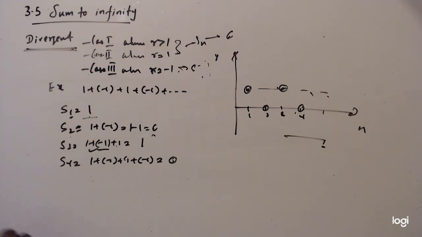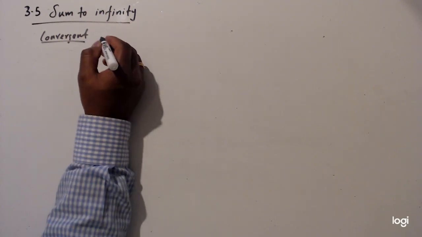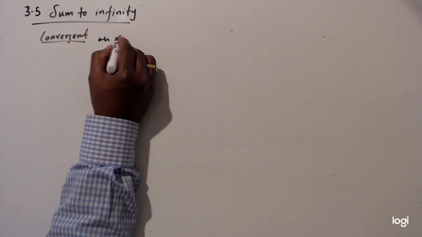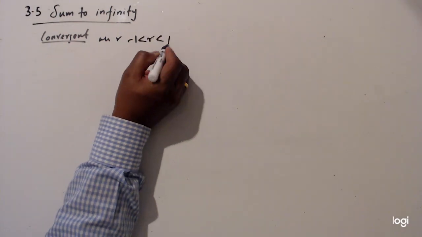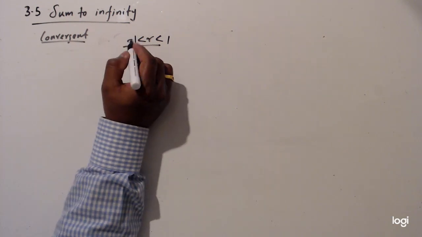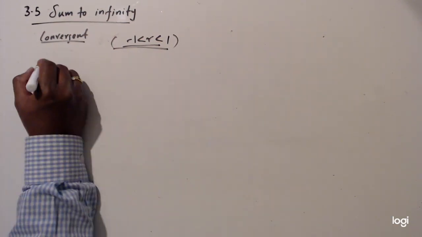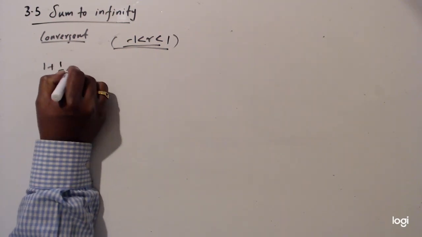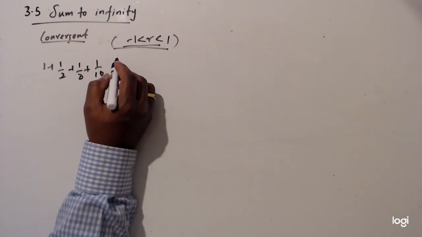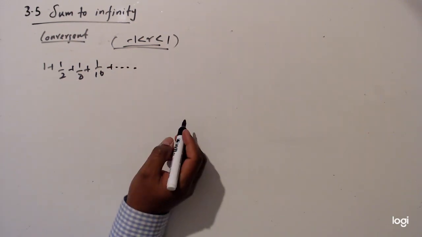Now let's discuss the convergent. For convergent, we have only one case. That case is when the absolute value of r is less than 1. So this is the only case we have. And let's consider 1 plus half plus 1 over 4 plus 1 over 8 plus 1 over 16 plus dot dot dot.